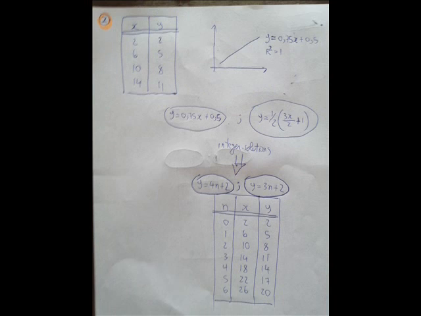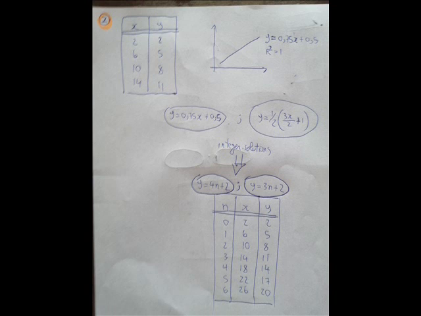For the number 2, we use for x 2, 6, 10, 14, for y 2, 5, 8, 11. The resulting equation is y equals 0.75x plus 0.5. Using this equation with the equation we used in the iterations, we have integer solutions, which are these two equations we can see.